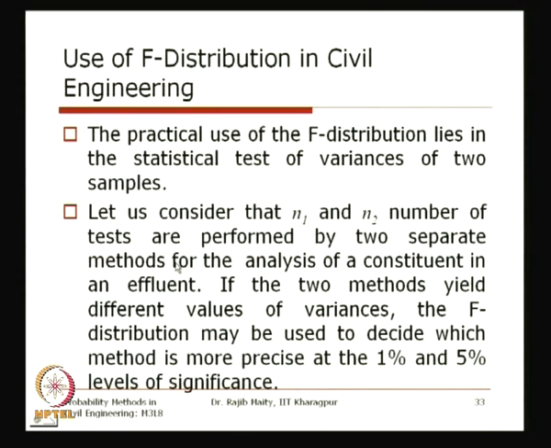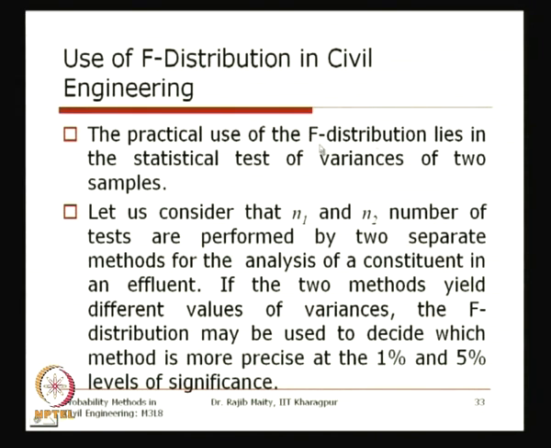Suppose one sample has a standard deviation estimated from the sample data, and similarly for the other one. If we take the ratio and want to test which one is more, then that ratio should be either greater than 1, less than 1 or equal to 1. If it is equal to 1, then both sample standard deviations are the same, and if it is more or less, depending on that, it can be decided which one is more. So the ratio of the variances from two populations follows an F distribution. Keeping that in mind, we can see where this will be effective.